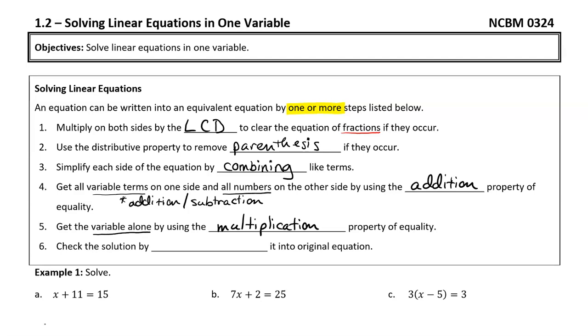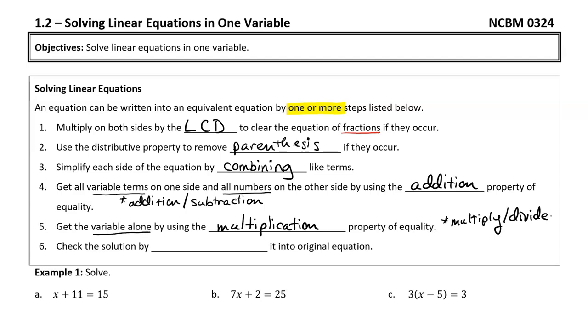The multiplication property of equality says that if I multiply or divide both sides of the equation by the same quantity, the same amount, that equal sign is still going to hold. And that's going to be our goal.